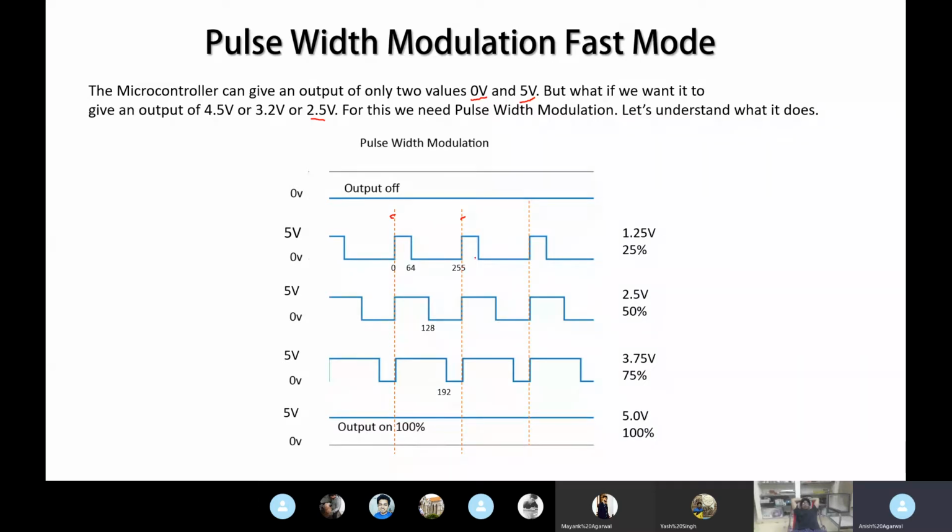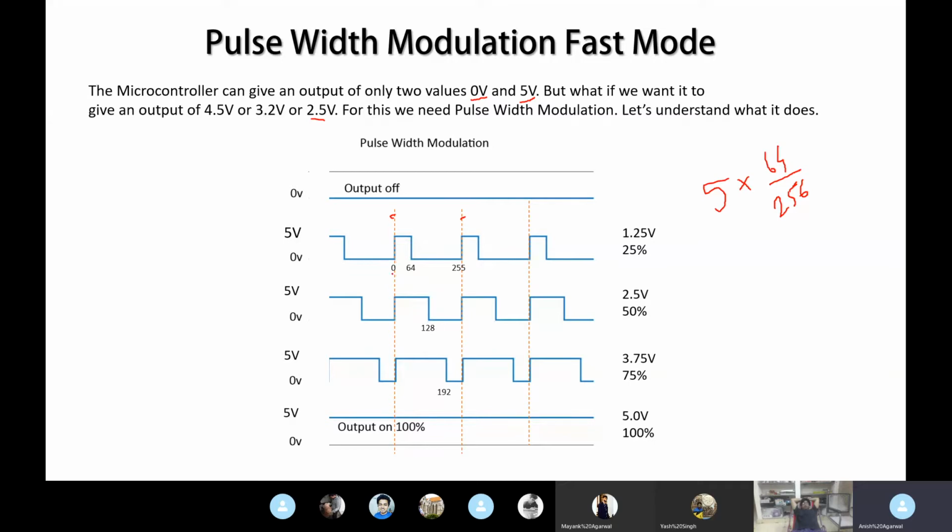what is the average voltage? Average voltage is 5 into 64 divided by 256. Why 256? Because the microcontroller also counts 0. The value 0, the microcontroller is counting that value.